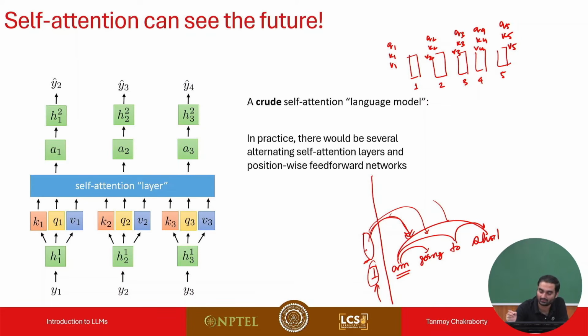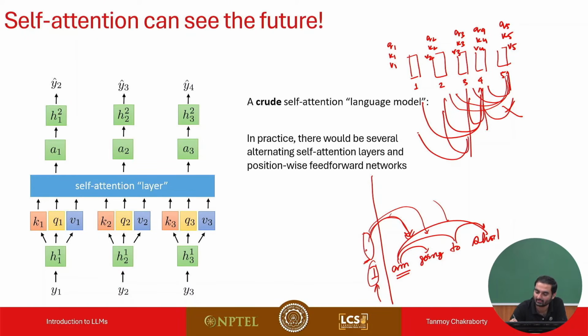We need to make sure that this hidden state will have access to all the previous hidden states. This is obvious, right? But the fourth hidden state will not have access to the fifth; it will only have access to third, second, and first. The third hidden state will have access to only second and first, and of course the state itself, third. The second hidden state will have access to state 2 and state 1, and so on and so forth.